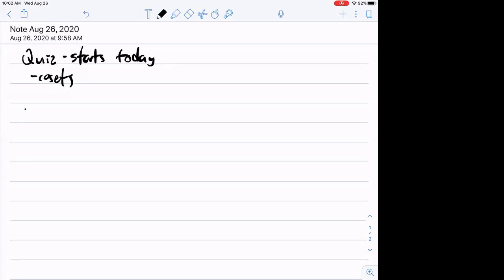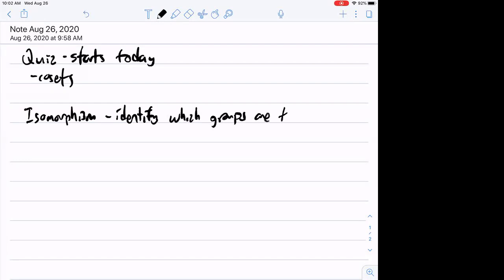So there's a notion of isomorphism. This identifies which groups are like the same. Let's see what we mean by the same. You think of it as a bijective map.